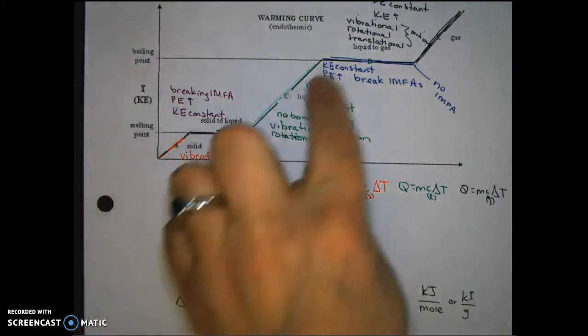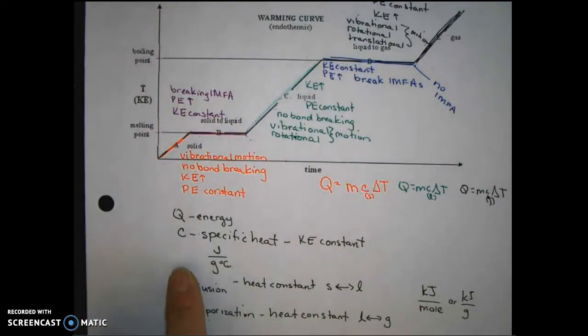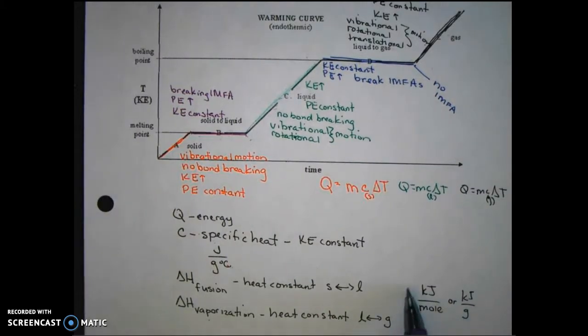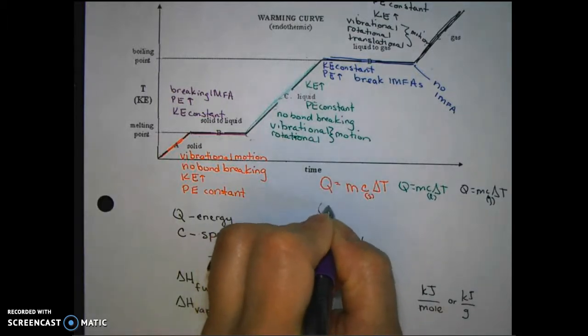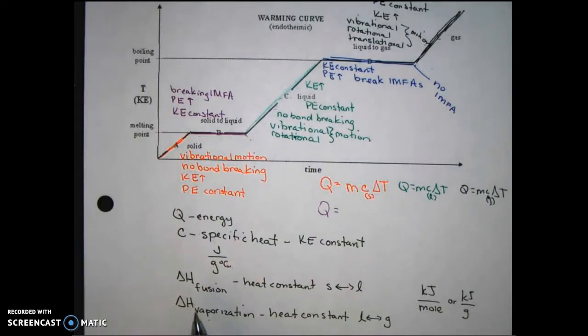And then at the plateaus, now remember we're using these delta H values because enthalpy is involved when bond breakage is happening. So at the first plateau, remember, the units are kilojoules per mole or kilojoules per gram typically. So really all we need to do in order to get Q is to multiply the heat of fusion by either a mass or a moles.